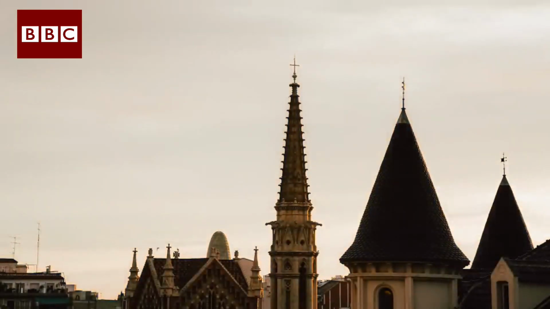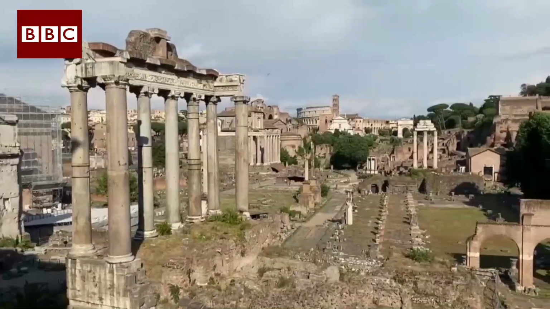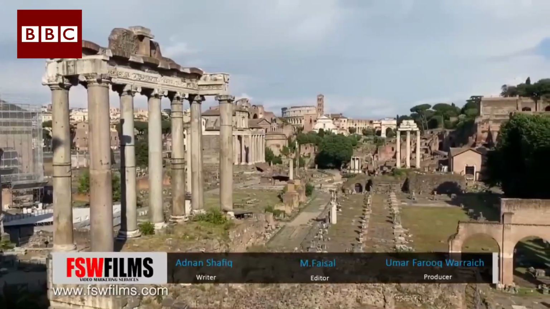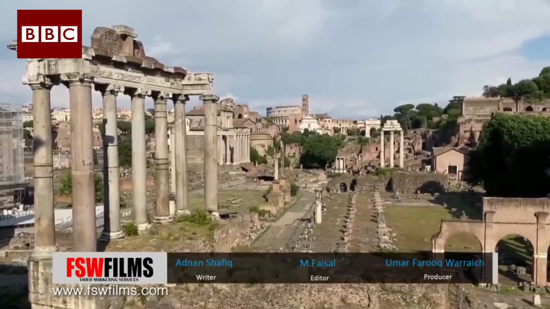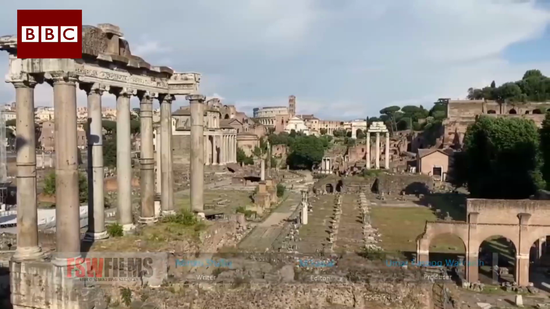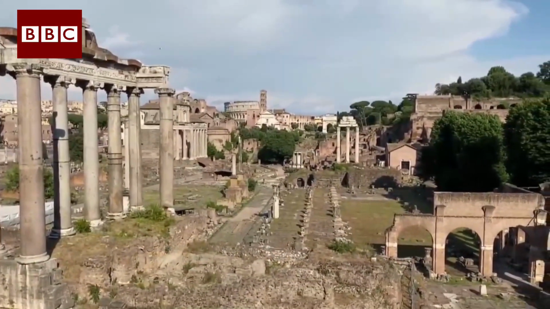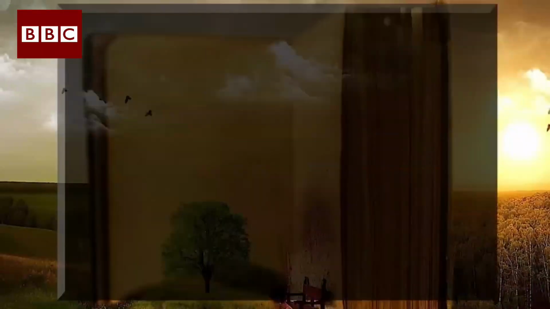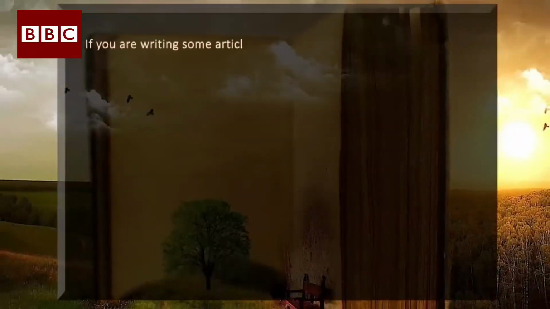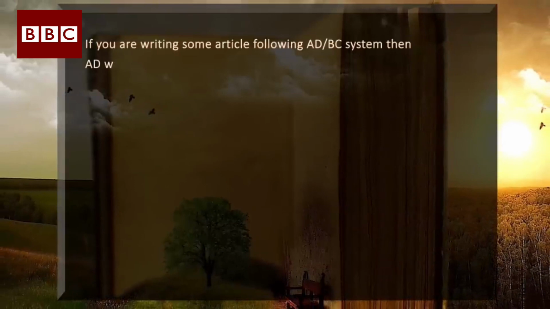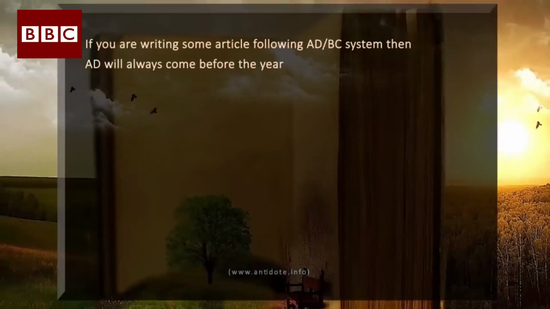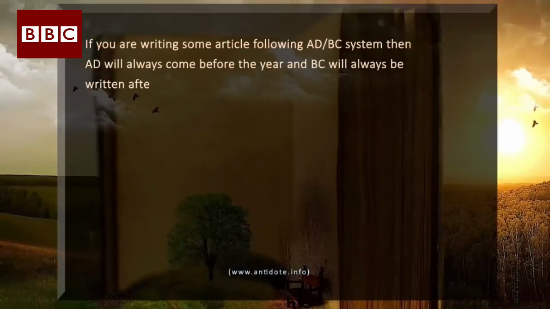If you use AD while telling an event after the birth of Jesus, then BC should be used in the same book to tell an event before the birth of Jesus. In the same way, if you use CE while describing an event after the birth of Jesus, then in the entire book only BCE should be used to describe an event before the birth of Jesus.